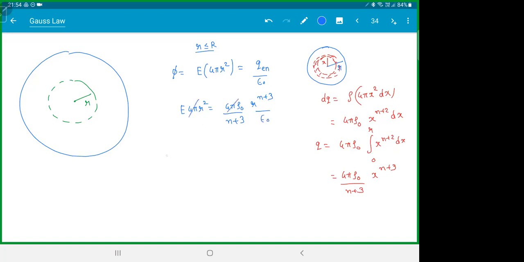The 4 pi will cancel. We end up with E equal to rho naught by epsilon, times r to the power n plus 1 over n plus 3. So E is proportional to r to the power n plus 1. You're getting it? So remember this result. If rho is equal to rho naught times r to the power n, then the field is proportional to r to the power n plus 1. It is always n plus 1.